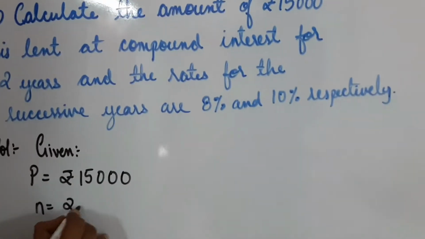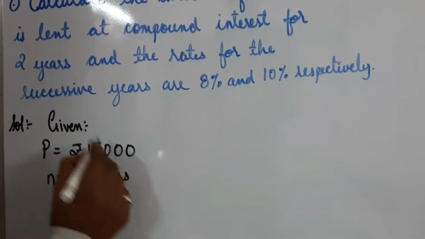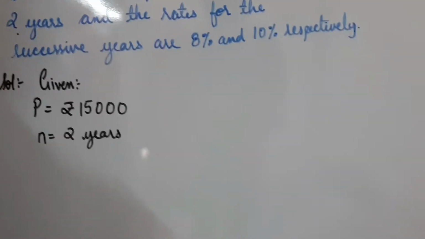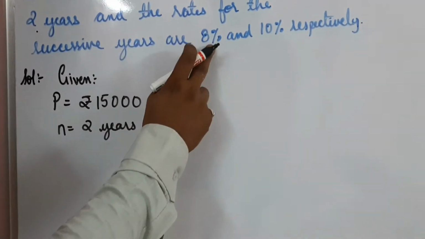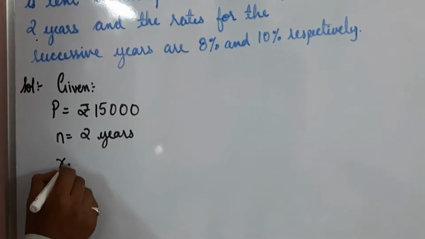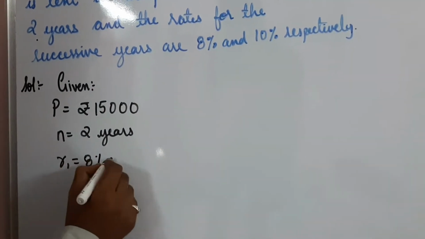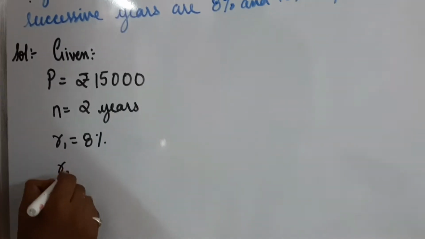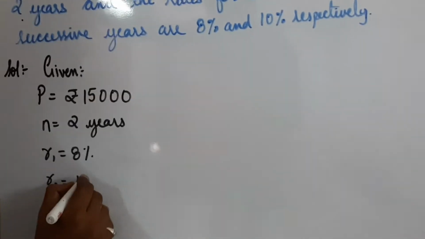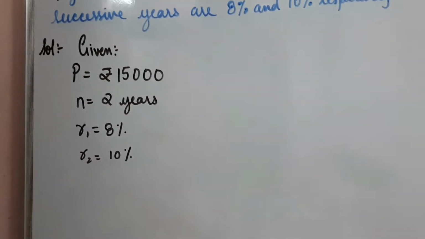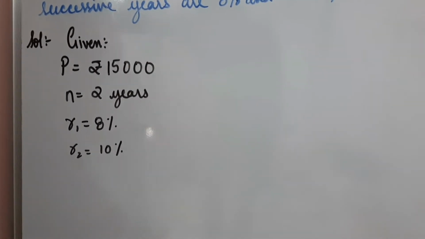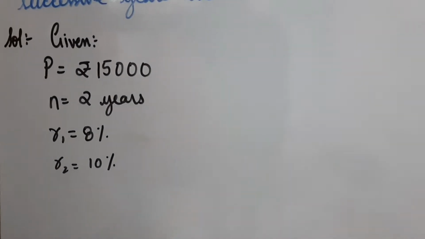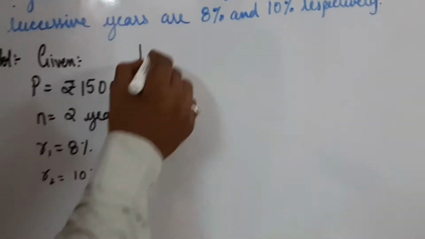And how much is N? 2 years they said. And the rates of successive years are 8% and 10%. R1 will become 8% and R2 will become 10%. Am I clear? So what is the formula you got, students?